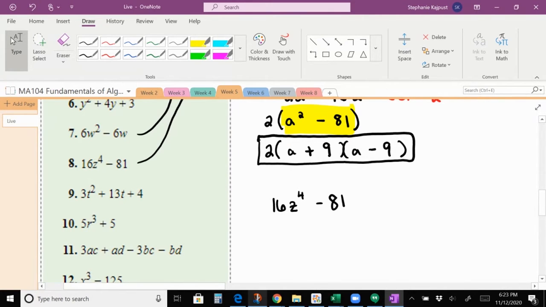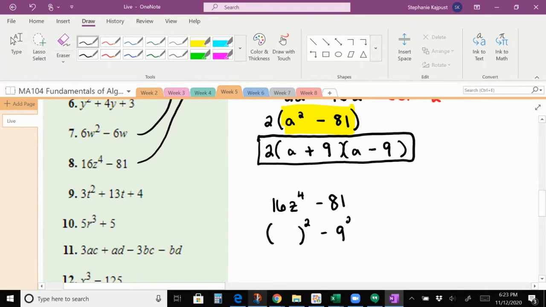Like 81 is 9 squared, that part is okay, but what are we squaring in this first part to get the 16z squared? Wouldn't it be 4 and then z to the second? That's correct. So you're already ahead of it because you figured it out right away, and most people struggle with that.